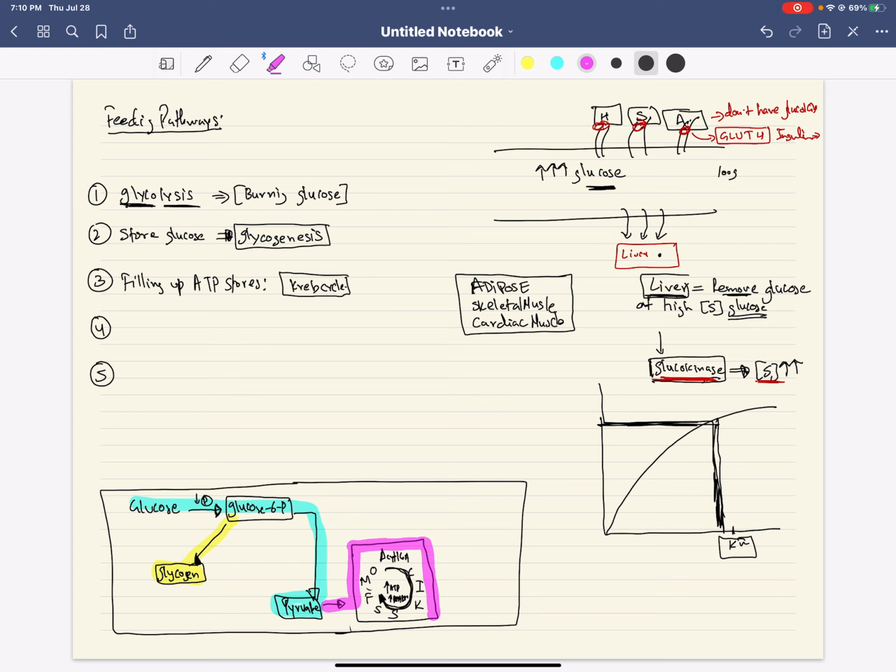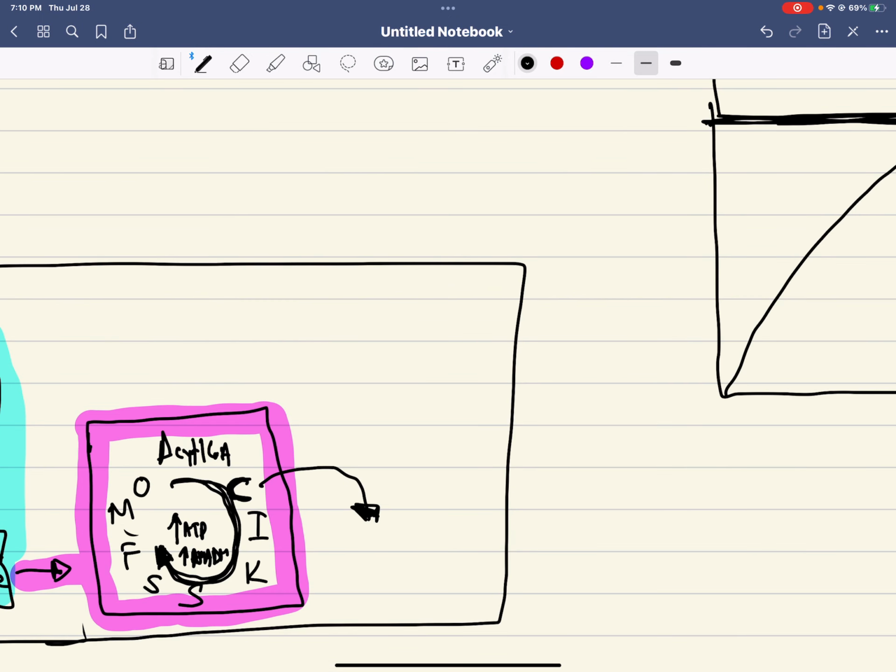Now you're filling up your ATP stores. When your ATP stores are filled, this citrate right here will come out of the mitochondria. The citrate will come out of the mitochondria. So let me just erase this here.